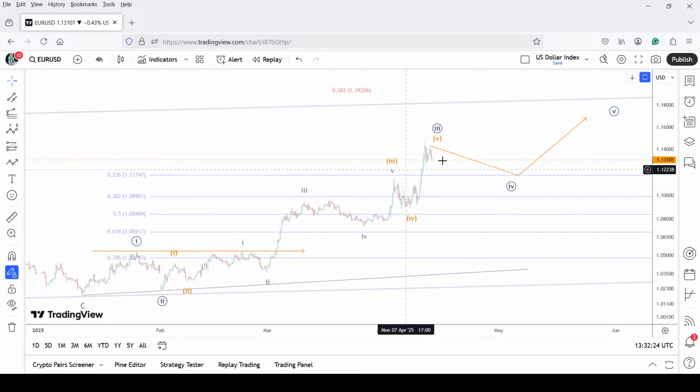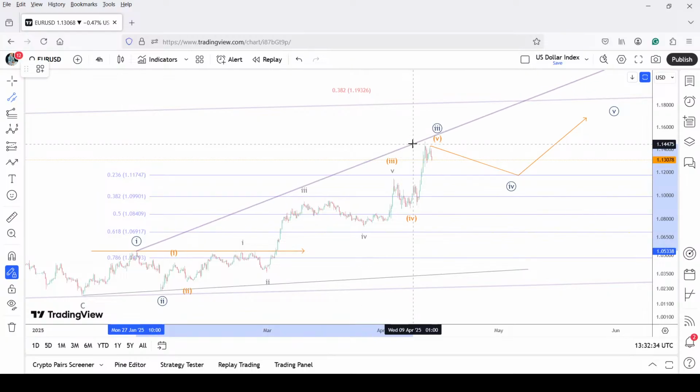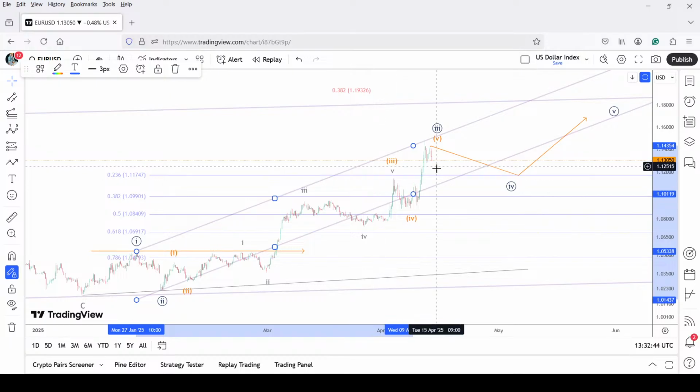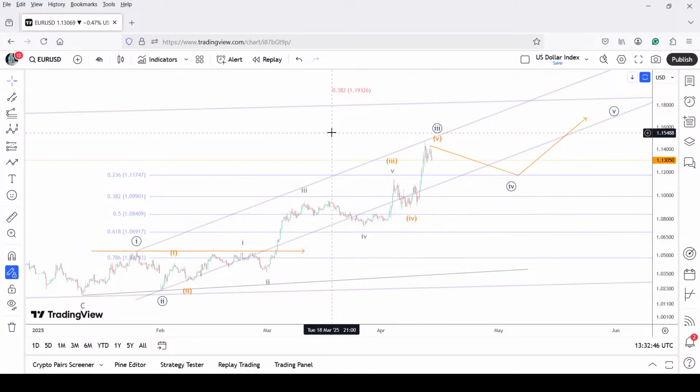I don't think it would take so many days because the entire rally has materialized quite quick as compared to what was expected. And wave 4, if you use the channeling technique, would also be quite sharp. In terms of time, it won't take that much time.